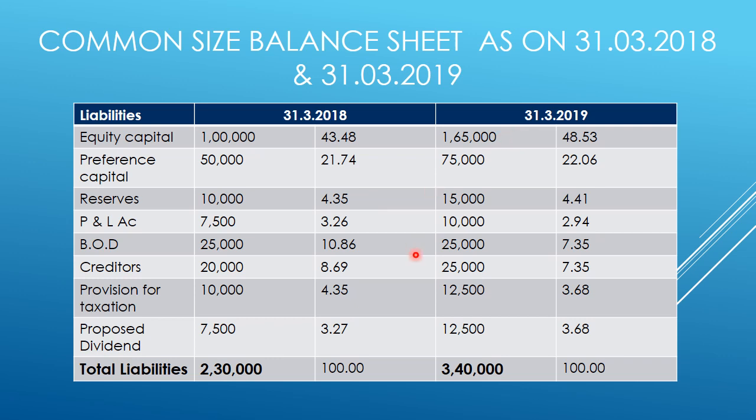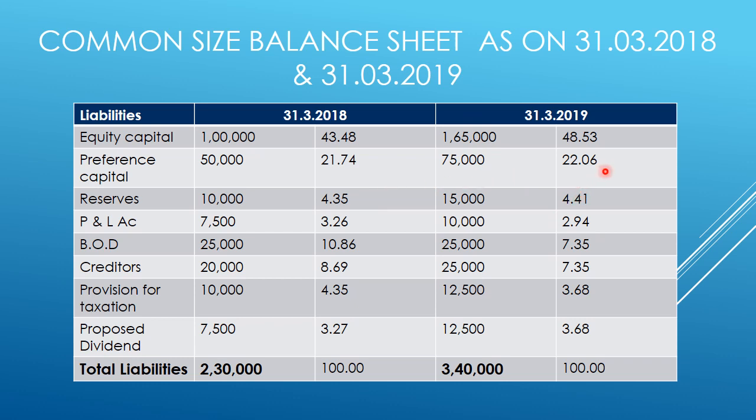It is because we are looking at the whole picture. We are looking at the big picture over here. Preference capital was 50,000, now it is 75,000. So one would say that there is a 50% rise from 50 to 75, that is 25,000. It has gone up, which is true. But when you look at it in comparison with the total liabilities, it is almost the same.